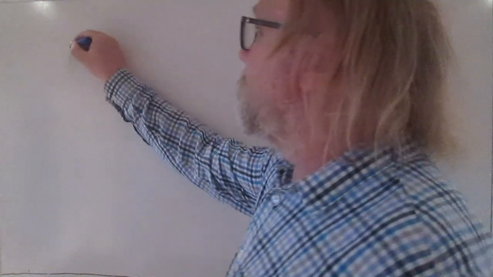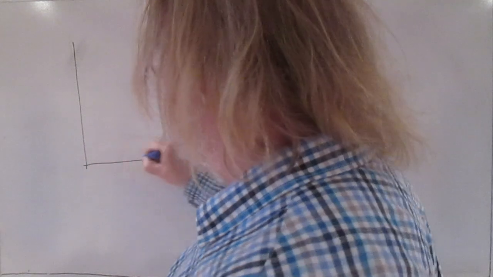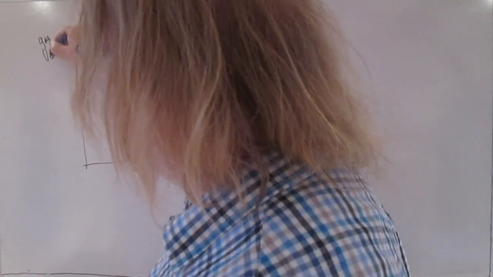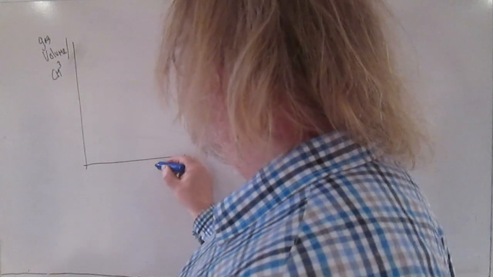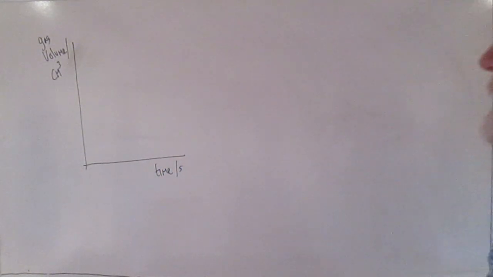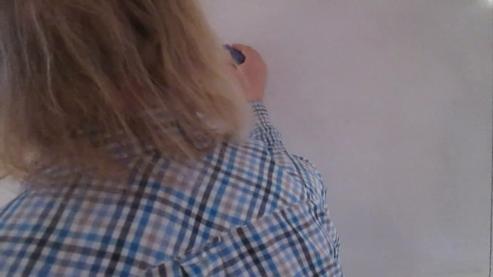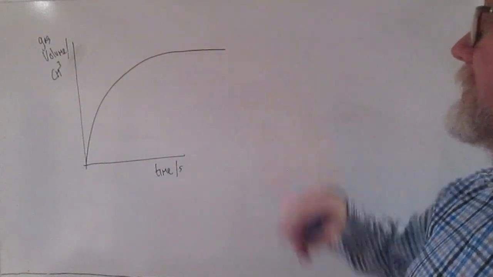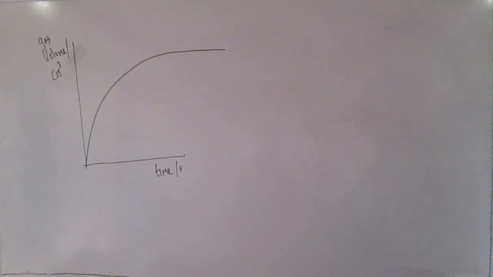So if we take one of these gas volume experiments, we've got gas volume produced in whatever unit, let's say cm cubed, as a function of time in seconds or minutes, whatever we're measuring it in. And we might say, okay, this is our first experiment. The usual thing is that it levels off when it's all over.